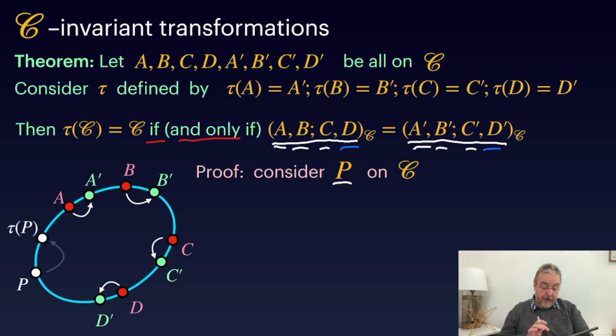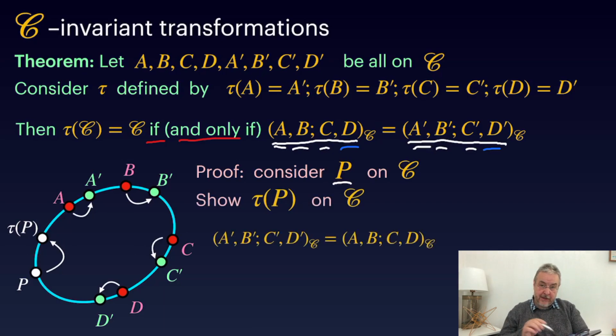So what is the idea? Well, very simple. P is mapped to some other point, and what we have to show is that this other point is also on the conic, and this is just a sequence of definitions and statements that we know. So we know that the cross ratio before and after the transformation is exactly the same.